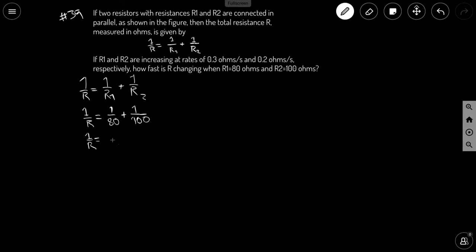1 divided by 80 gives me 0.0125 plus 0.01, which gives me 0.0225. And in order to solve for R, you need to flip the reciprocal.